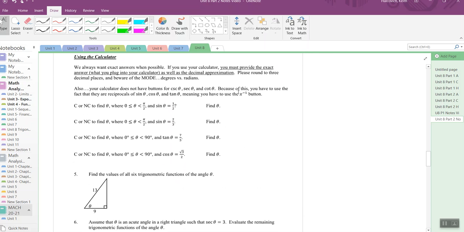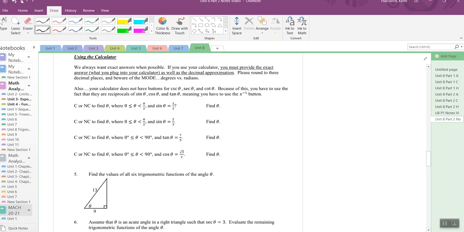All right, so when we use our calculator and when we don't. A couple things to keep in mind: first of all, you must provide an exact answer. What you plug into your calculator is an exact answer, as well as the decimal approximation if you're using your calculator.